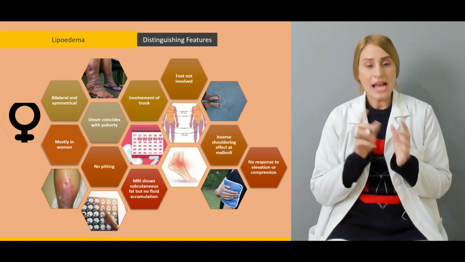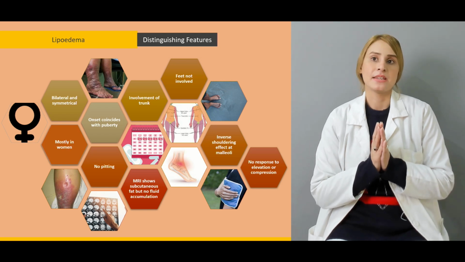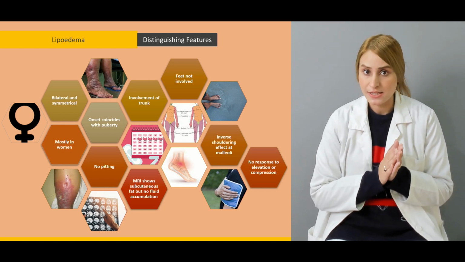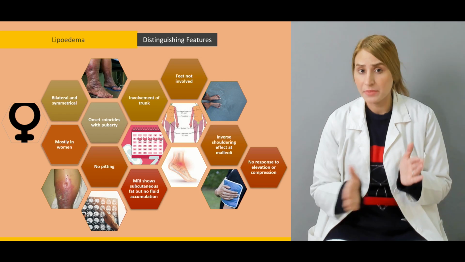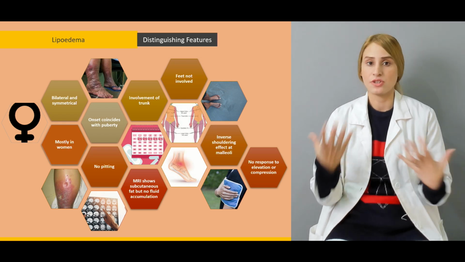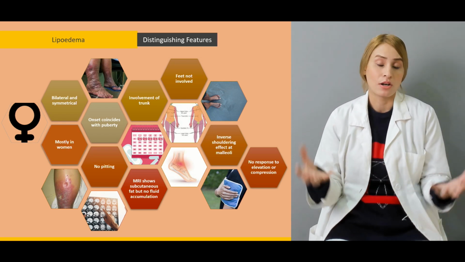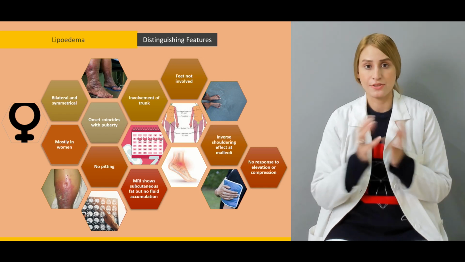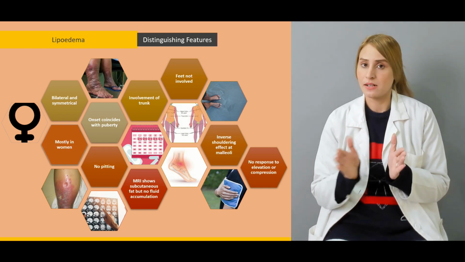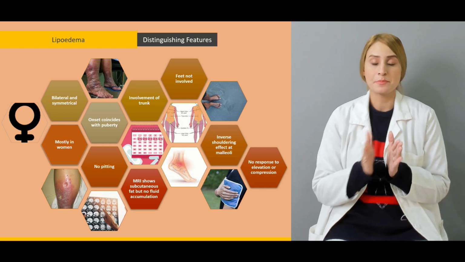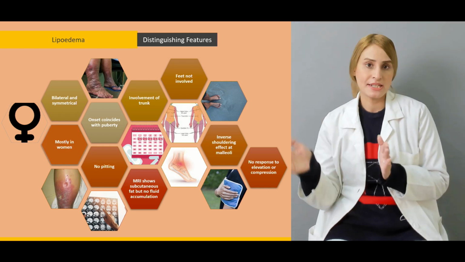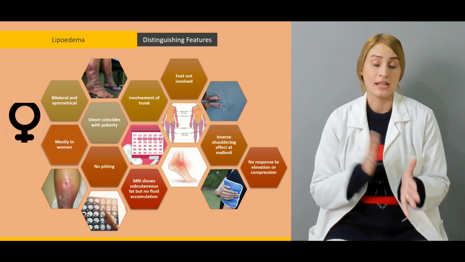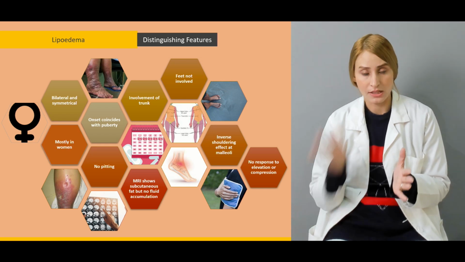And you have to differentiate conditions like factitious lymphedema, which is more common in psychiatric patients, and is usually a result of self-harm or applying a tourniquet to their limbs. Or you have to differentiate immobility-generated edema, or you have to differentiate lipoedema from lymphedema.